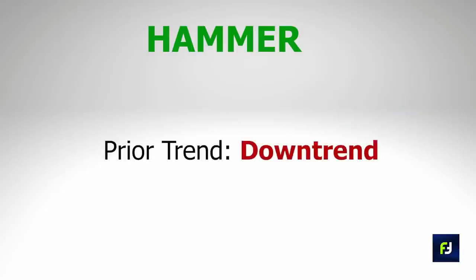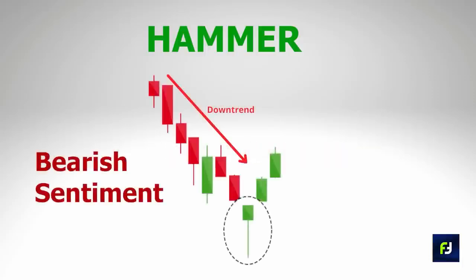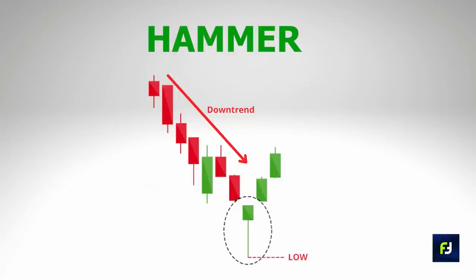We should visualize the hammer pattern in the following manner. The market is in a downtrend, so bears are in absolute control over the markets. When a hammer forms, the price goes even lower and forms a new low price.